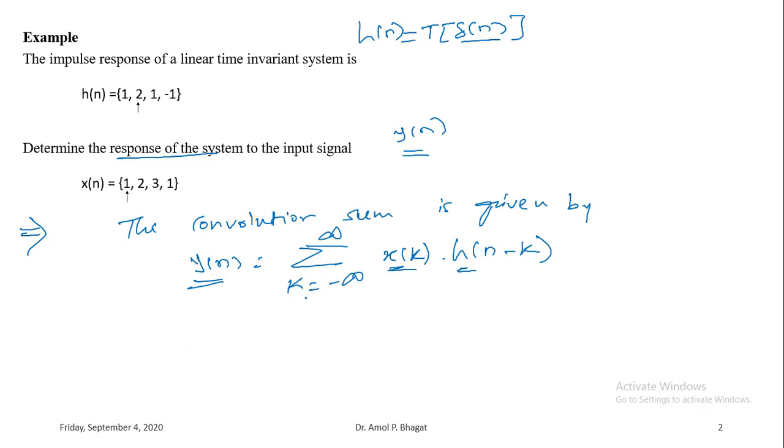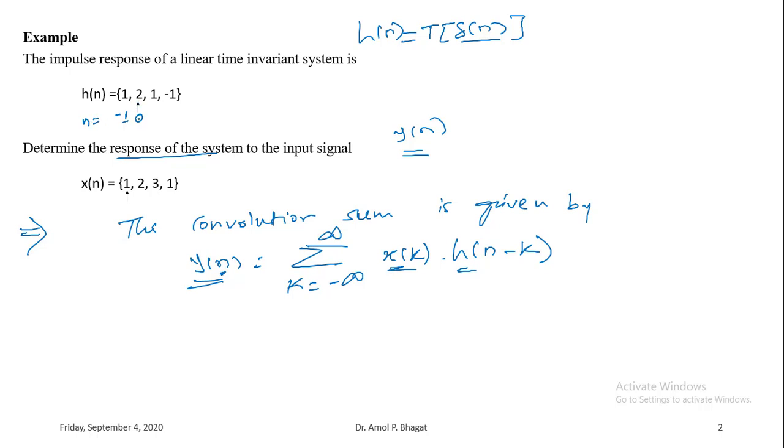Before solving it, we should identify how many samples will be there in the output sequence, the total number of samples. What will be the minimum value of n and what will be the maximum value of n? If you observe these two given sequences, in the impulse response, the minimum value of n is -1. At the origin, 2 is present, that means here the value of n is 0.